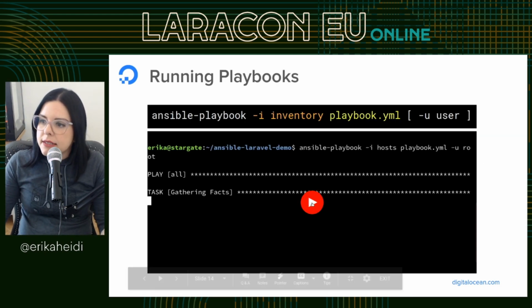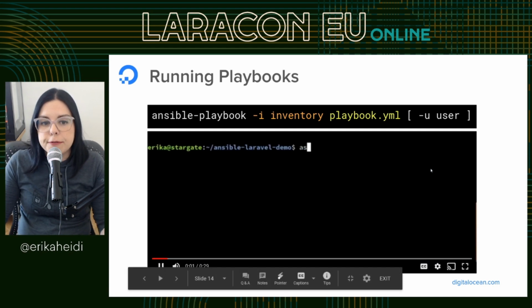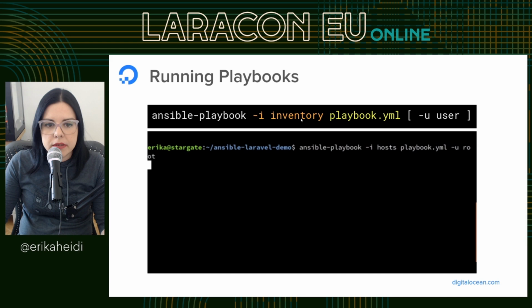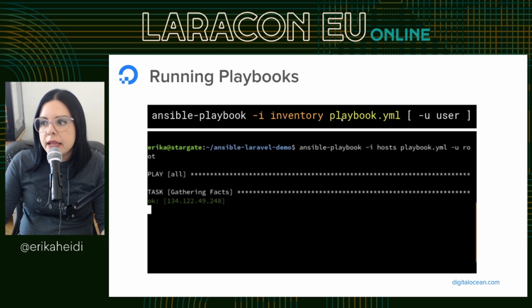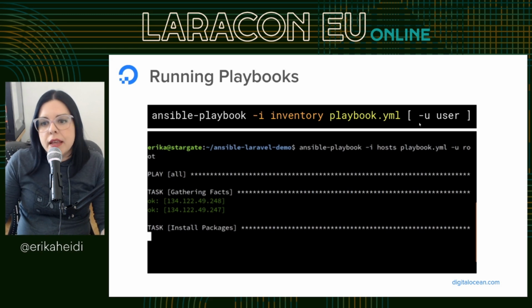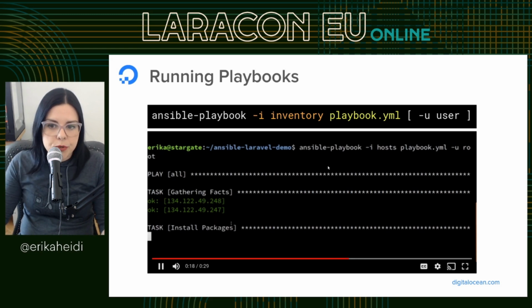Okay, so this is an example of running a playbook. So you have the Ansible playbook executable, then you provide an inventory file, your custom inventory file, then you provide the playbook name, and then you can provide additional connection options.